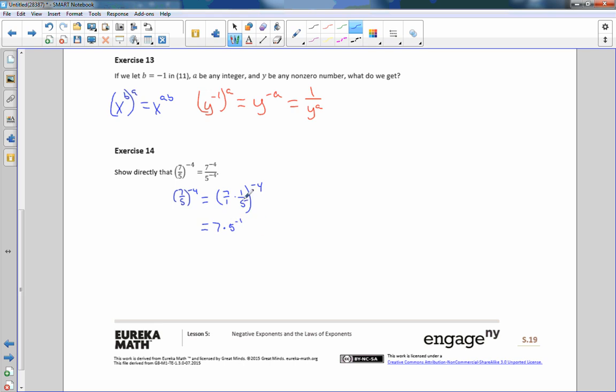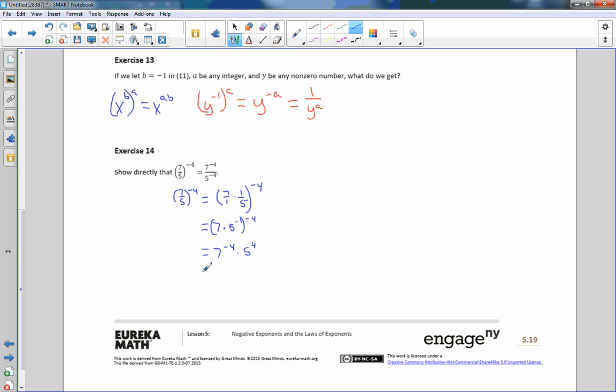I want that 5 to be in the numerator. It's 5 to the negative 1. So that's all I've changed. 7 over 1 is still 7. 1 over 5 is 5 to the negative 1. And take that to the negative 4. Then I'm going to distribute, and I'm going to get 7 to the negative 4 times 5 to the negative 1 times negative 4, which is a positive 4.